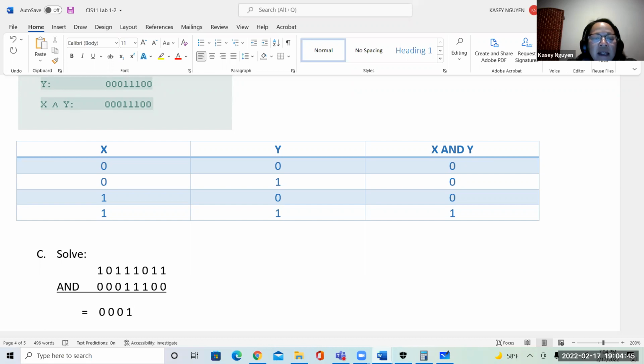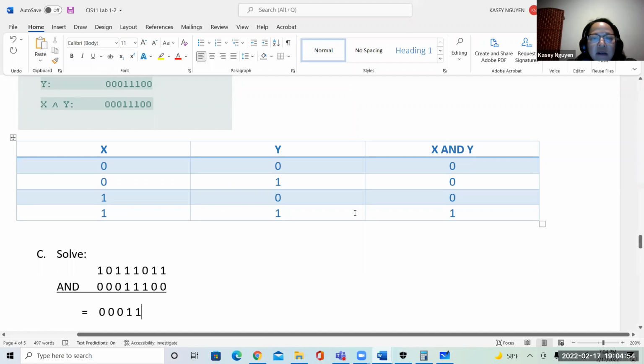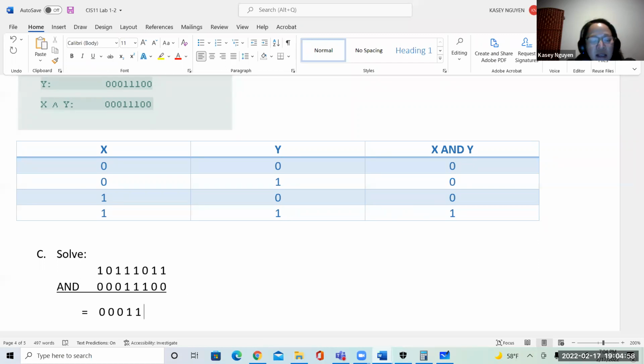And keep in mind that this is not addition. So 1 and 1 is going to give you 1 because of the rule here. And then 0 and 1 is going to give you 0. 1 and 0 is going to give you 0. 1 and 0 is going to give you 0.